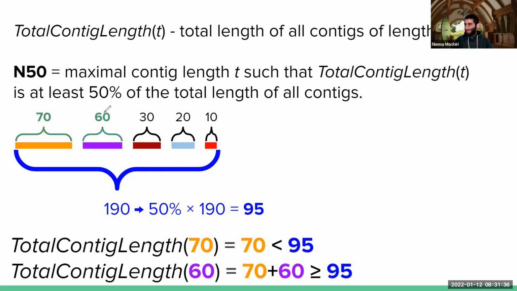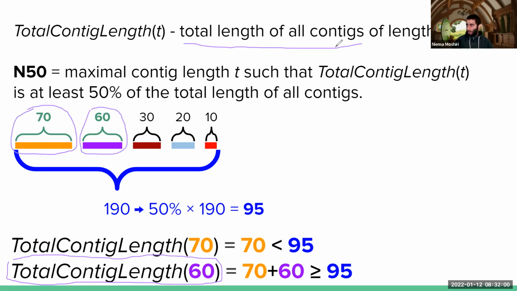So if I'm looking at 60, total contig length of 60, well, this is the total length of all the contigs that have a length at least 60. So that means this contig has at least length 60, and this contig has length at least 60.